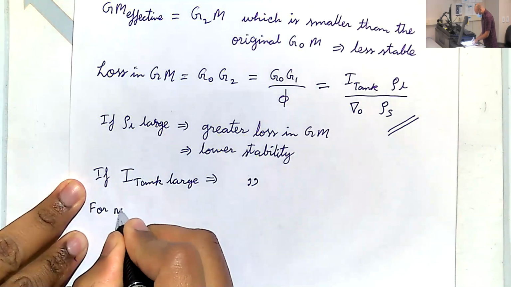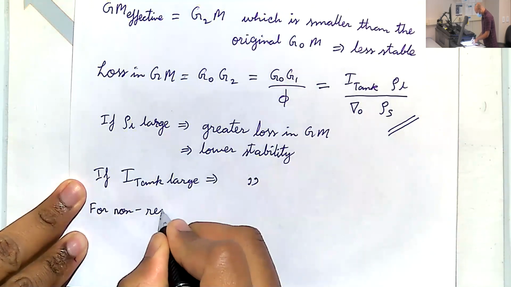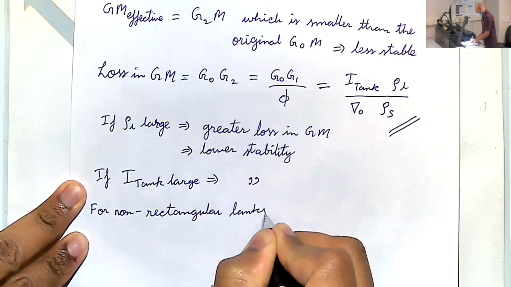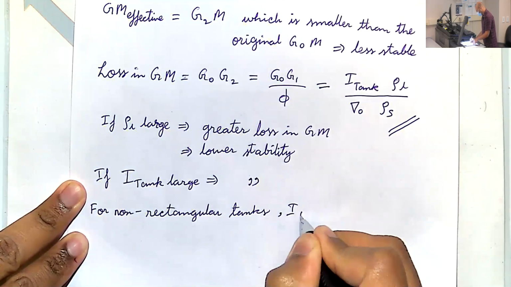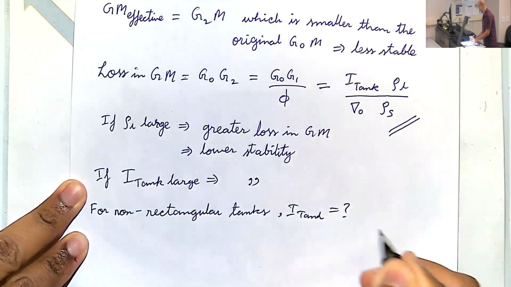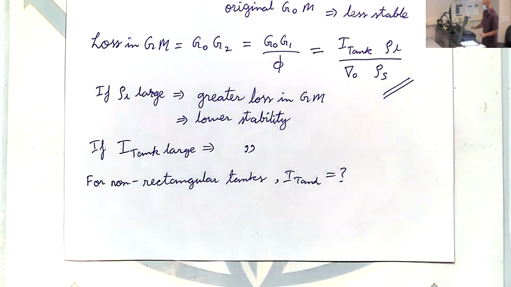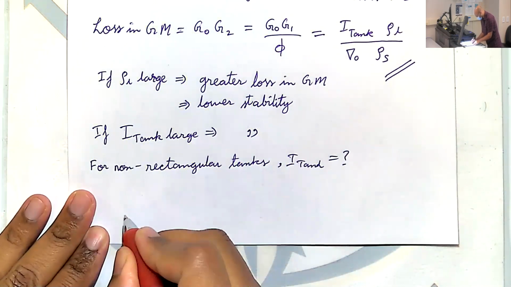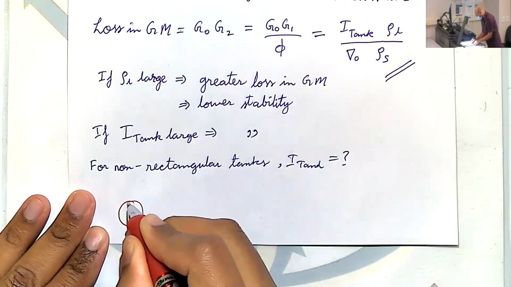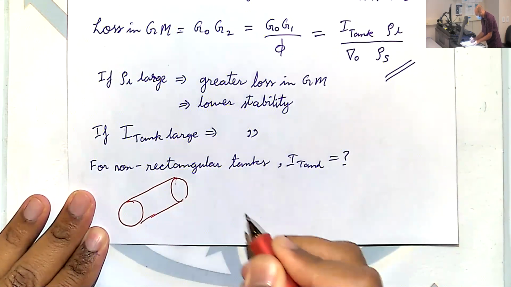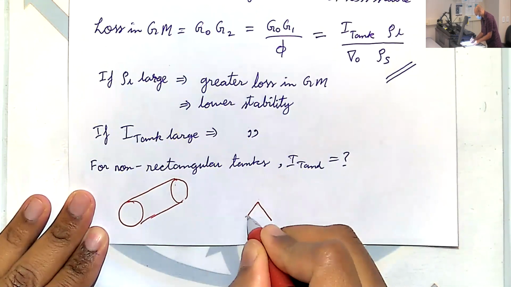Okay. So for non-rectangular tanks, I tank is equal to what? So let me draw some. Let me draw a cylindrical tank. Let me draw another weird triangular shaped tank.